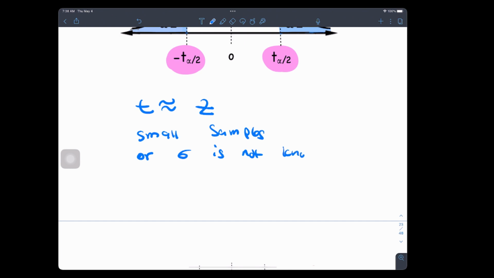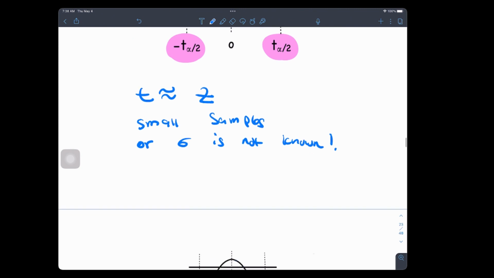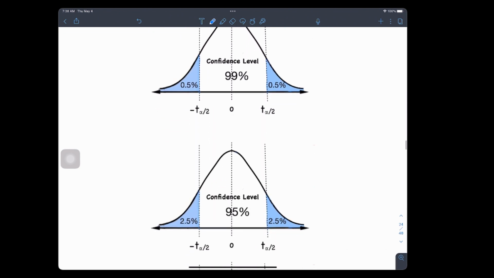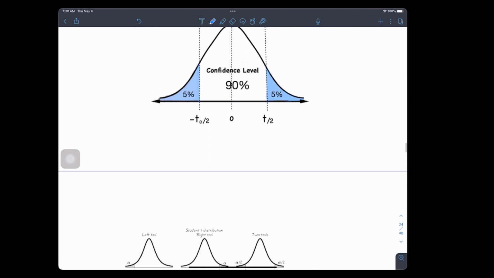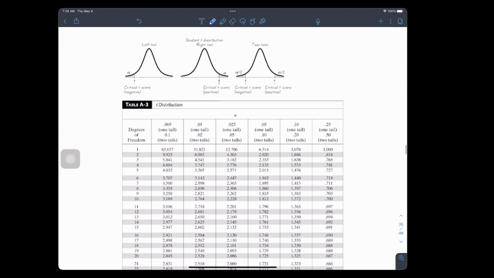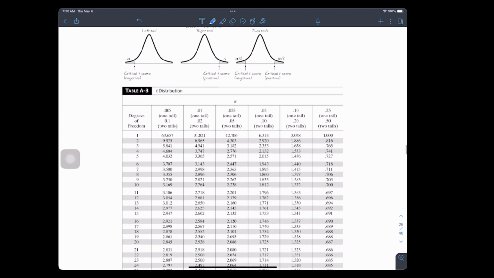And that's typically the most realistic situation. It's not going to be known. So in all honesty, a lot of what we did has to go back to that t distribution. And yes, historically there was a t table.